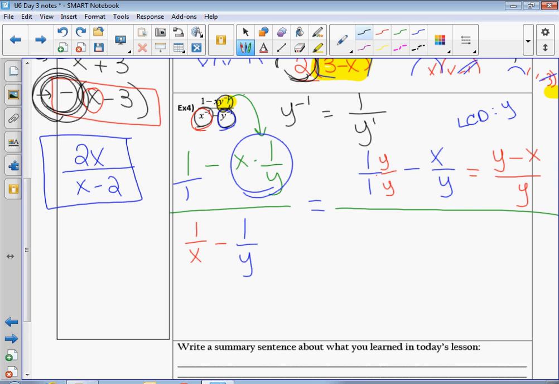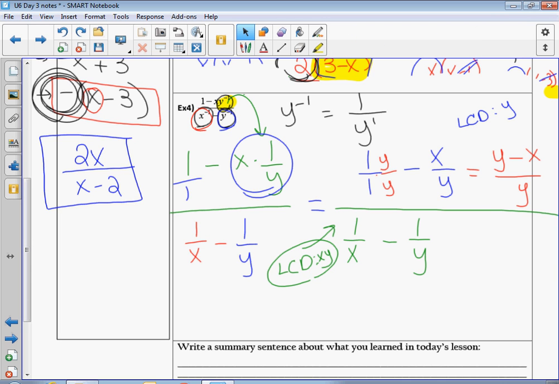Looking at the denominator, I have 1 over x minus 1 over y. My LCD here is x times y. So my first fraction is missing the y. Multiply top and bottom by that missing part. My second fraction is missing the x.